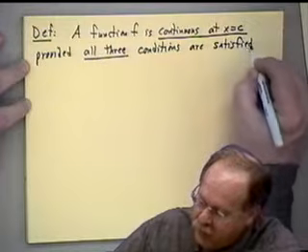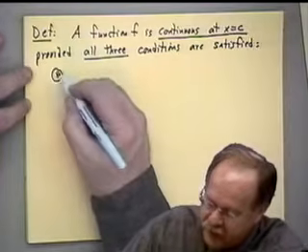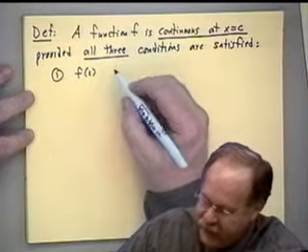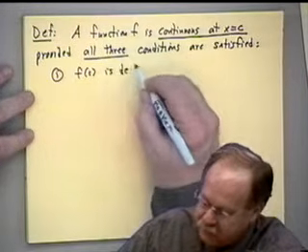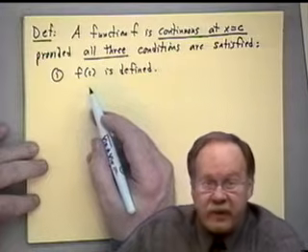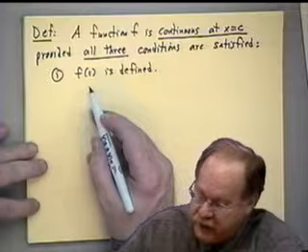We need them all to avoid all the difficulties we just saw. First of all, we certainly want f at c to be defined. If there is no functional value, then there's an automatic hole and the function won't be continuous there.